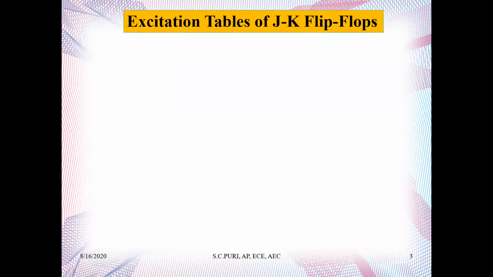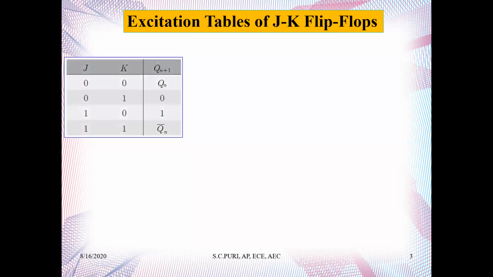Now the excitation table of the JK flip-flop. As you can see here, this is the characteristic table of the JK flip-flop. It obeys the same as the SR flip-flop, with the only exception being the 1-1 situation, which was invalid in the SR flip-flop and is overcome in the JK flip-flop. The mode is toggling for the 1-1 condition.